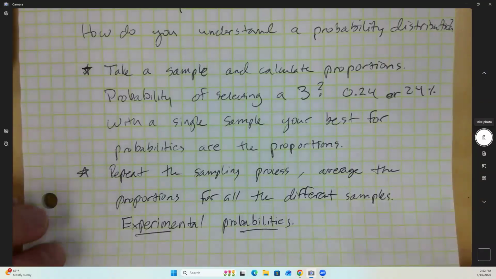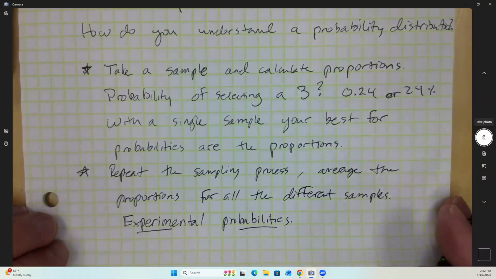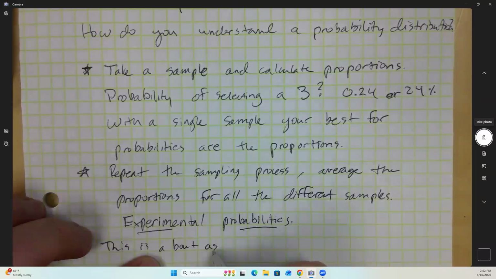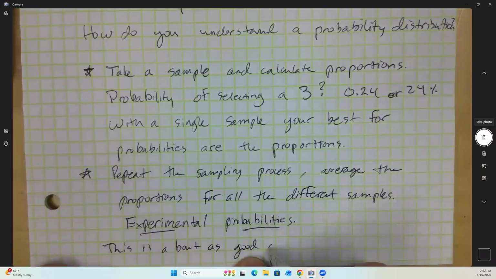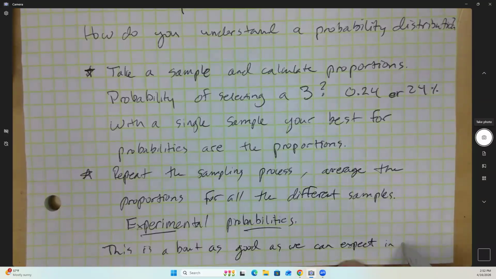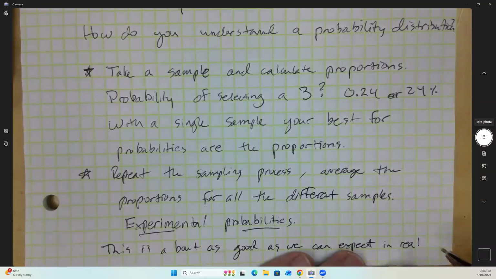This is about as good as actual statistics can ever get, at least in the real world.